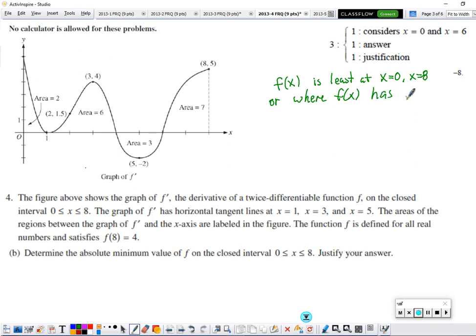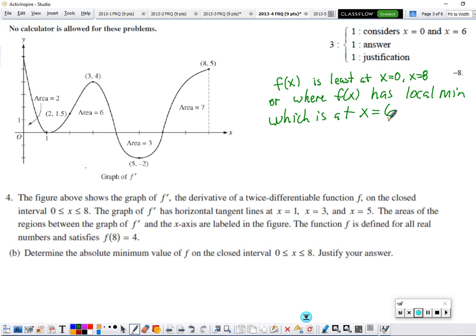You can have poor grammar, they don't care. So you don't have to write because of this. Just state it, that's good enough.